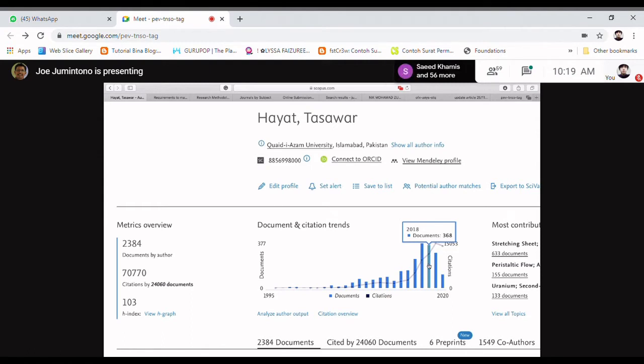How many documents here? 368. How many days in a year? 365, right? So this is one day, one paper.